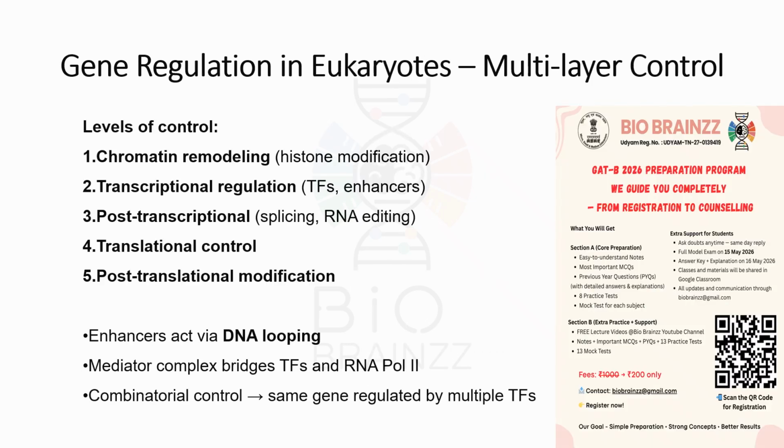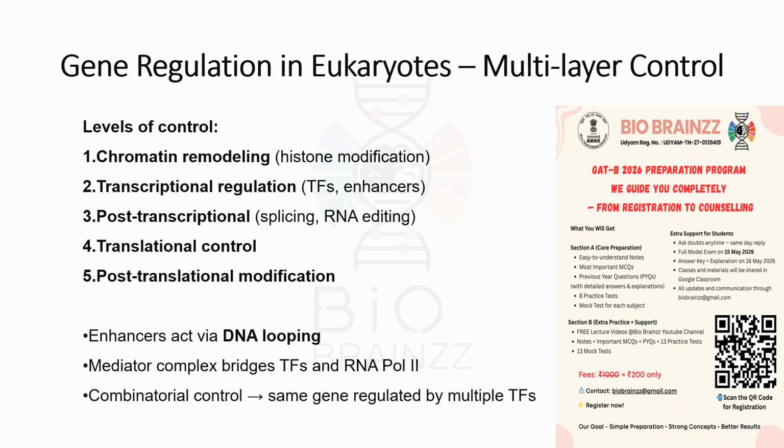Gene regulation in eukaryotes is more complex and occurs at multiple levels. These include chromatin remodeling, transcriptional control, post-transcriptional processing, translational regulation, and post-translational modifications. Enhancers play a major role and can act even from distant locations through DNA looping.